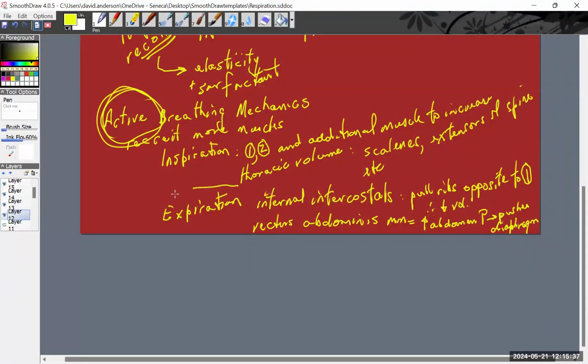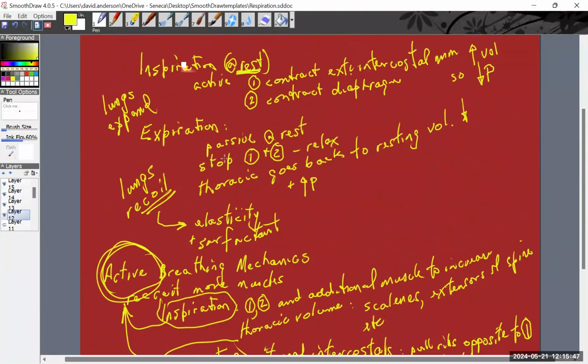So the key thing about inspiration and expiration when it's active is that we've recruited muscles. Okay, so during passive, we maintain a 2 to 3 ratio. Resting respiration is often described as being somewhere between 12 and maybe as many as 16 breaths per minute.